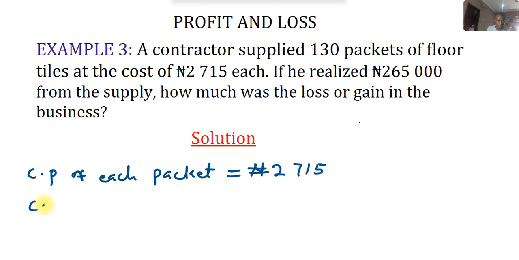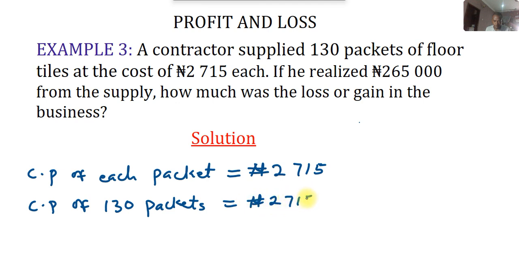The cost price of 130 packets will be 2,715 naira multiplied by 130. Then we have our answer to be, if you press the calculator, 352,950 naira.